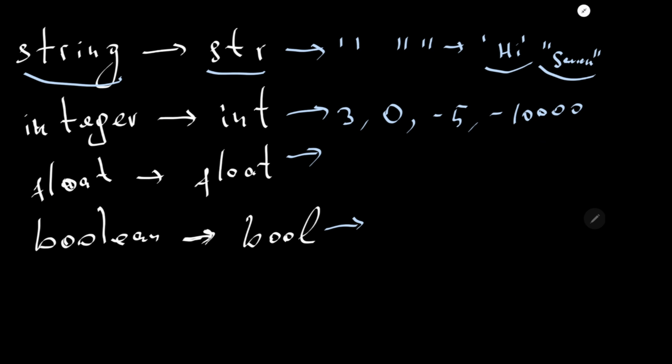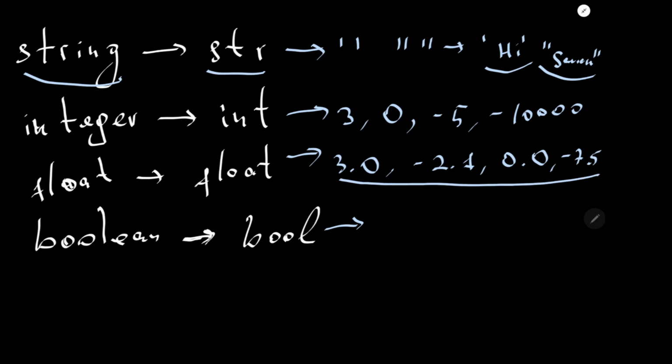The next one is float. Float means that there is a fraction, a point. As an example, 3.0 is float. As an example, -2.1, 0.0, -7.5.